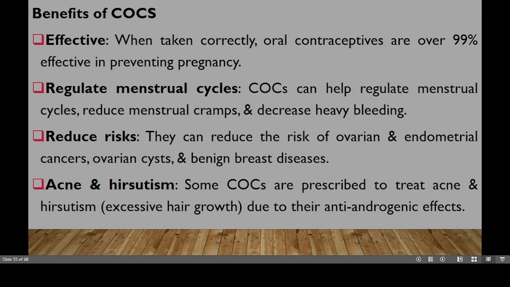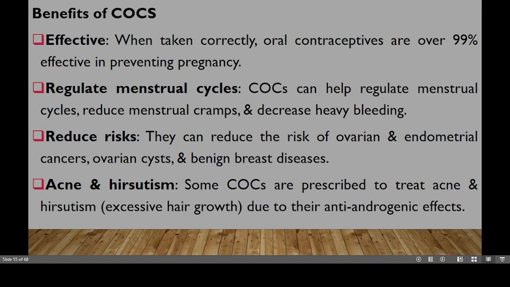Having said that, do COCs have any advantage over the POPs? Yeah, COCs are very effective, right? When taken correctly, oral contraceptives are over 99% effective in preventing pregnancy, especially in suppressing ovulation as compared to the POPs. COCs can also be used to regulate menstrual cycles.